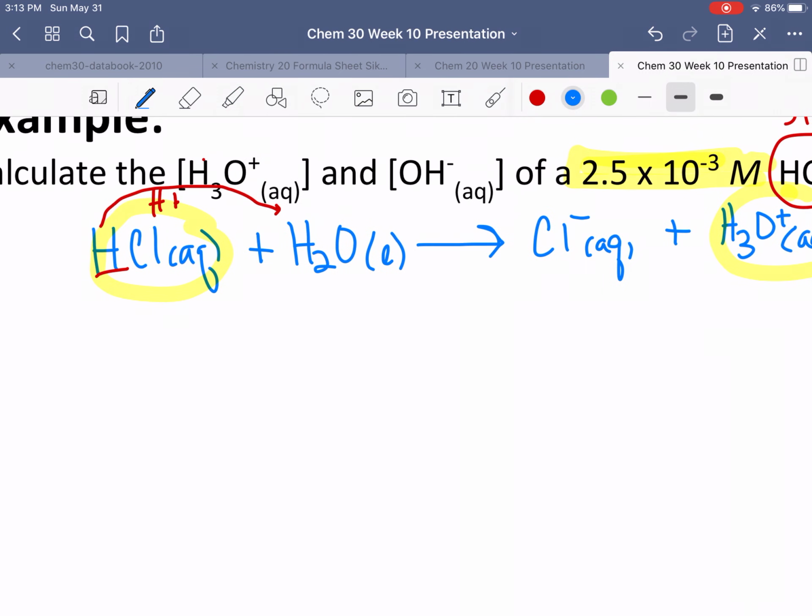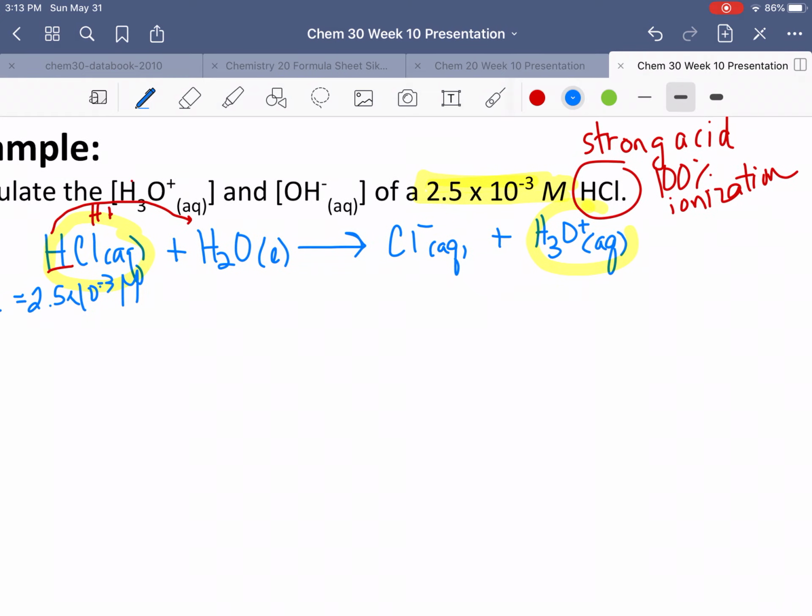So yes, we're told concentration of the HCl is 2.5 times 10 to the negative 3 molarity, but then I can take that, knowing it's a quantitative strong acid that 100% ionizes, and I could say the concentration of hydronium is 2.5 times 10 to the negative 3 moles per liter as well, right?